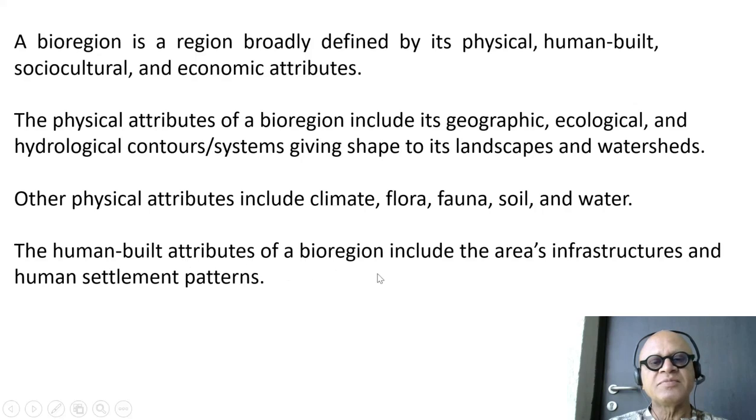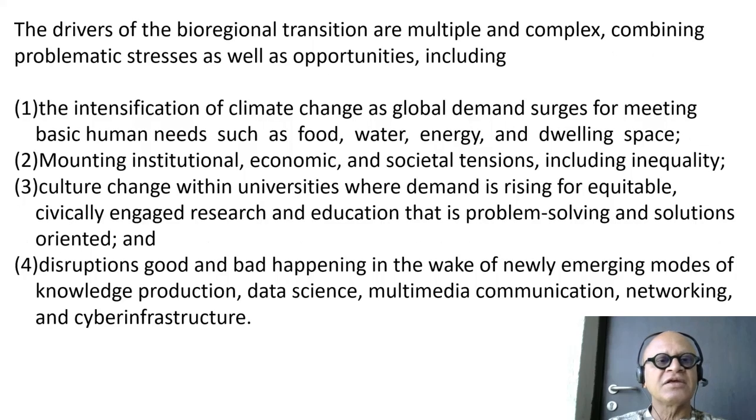So human-built attributes of a bioregion include areas, infrastructures, and human settlement patterns. Could be tribes interacting with forests or people collecting biofuels, etc. Encroachment, interactions with natural vegetation and natural ecosystems and wildlife, etc.